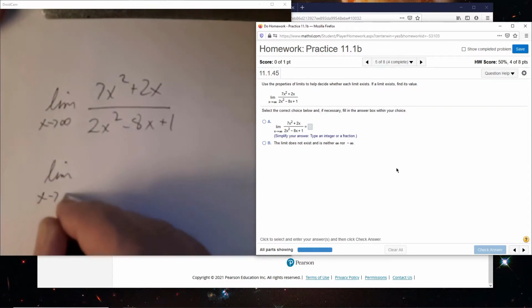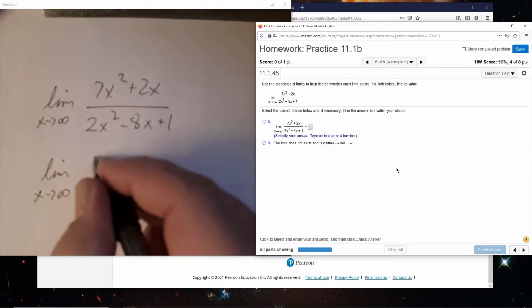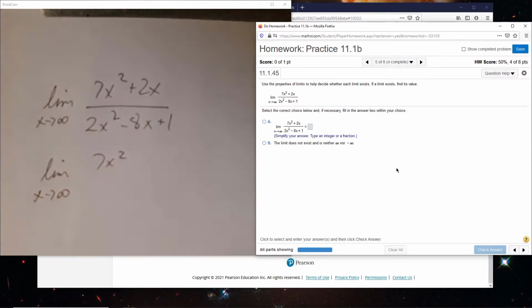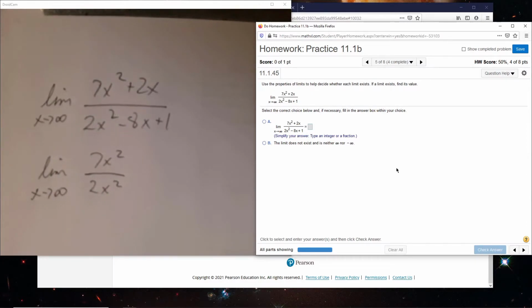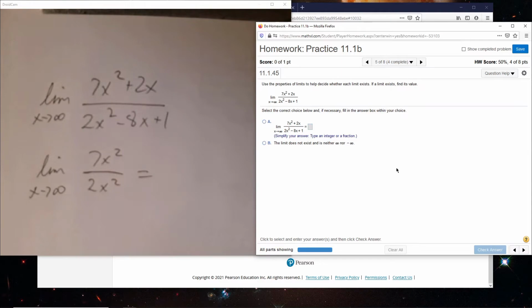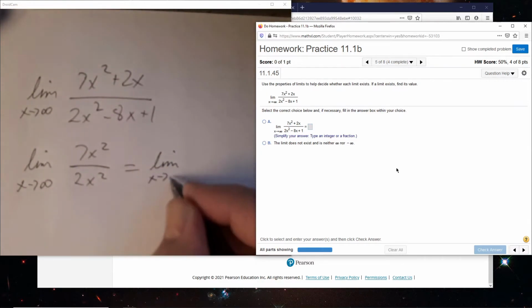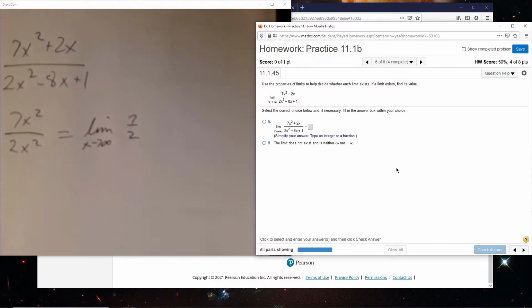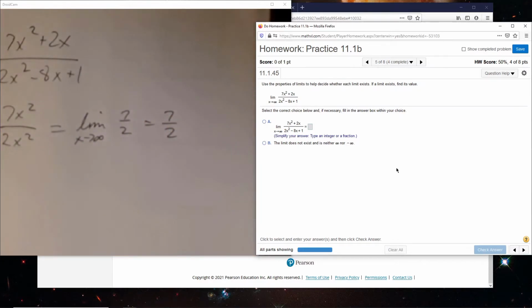The dominant terms will describe all this behavior at very large numbers. So the dominant term in the numerator is the 7x squared. And the dominant term in the denominator is the 2x squared. And we can see those x squareds will divide out. And the limit of a constant is always that constant.